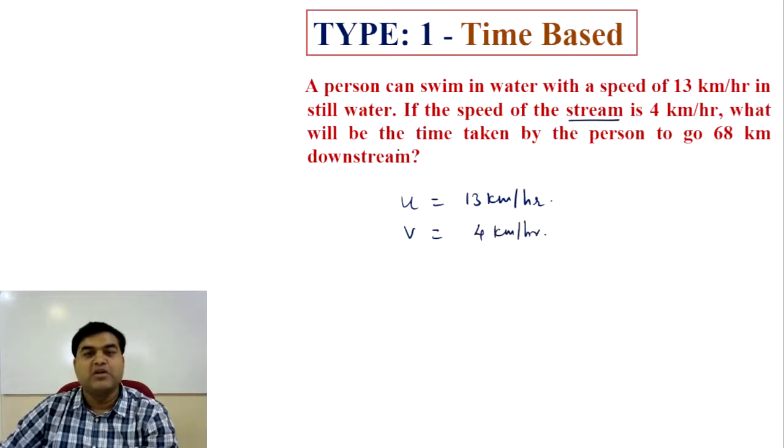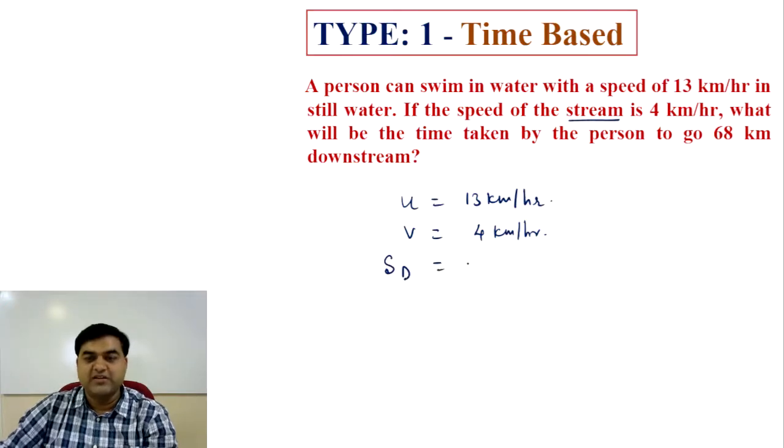What will be the time taken by the person to go 68 km downstream? So having known these two values, we can find the speed in case of downstream.